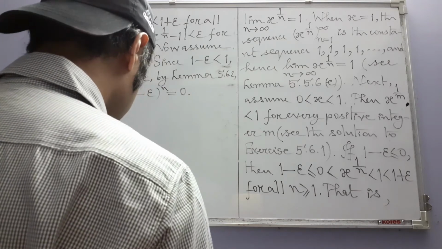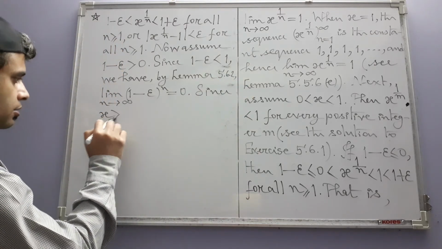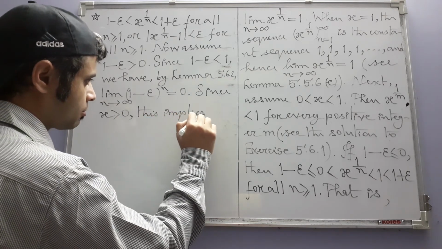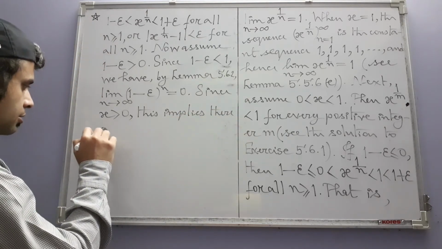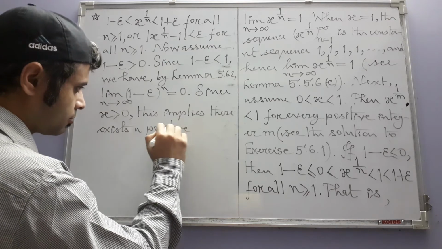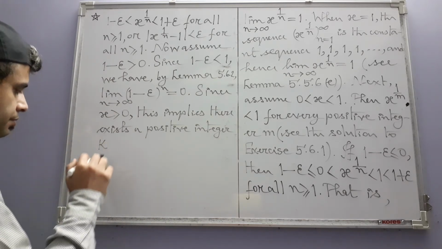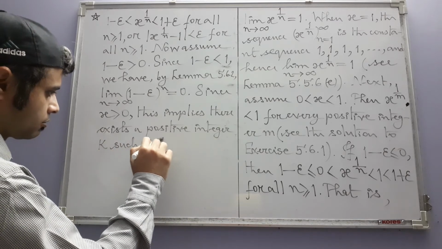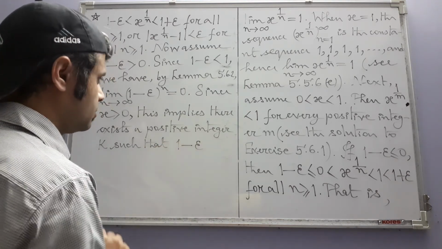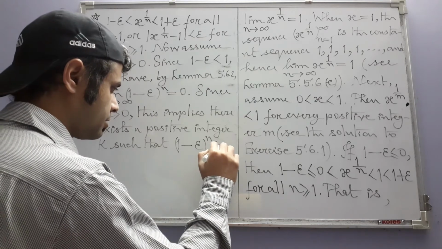And now how can one use this? Since x is greater than 0, this implies there exists a positive integer, say k, such that (1 minus epsilon) to the power n is less than x.